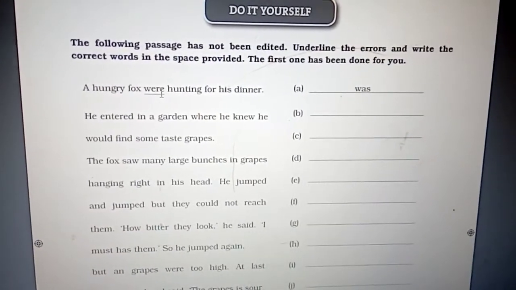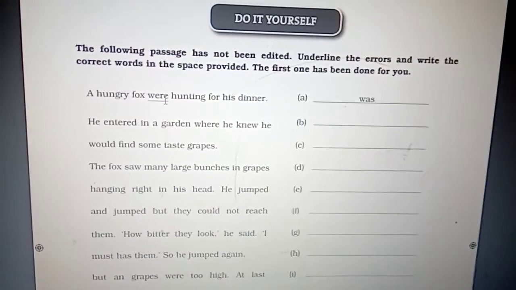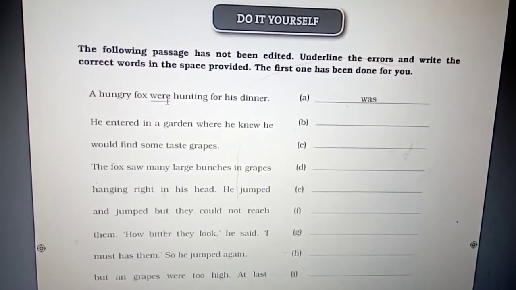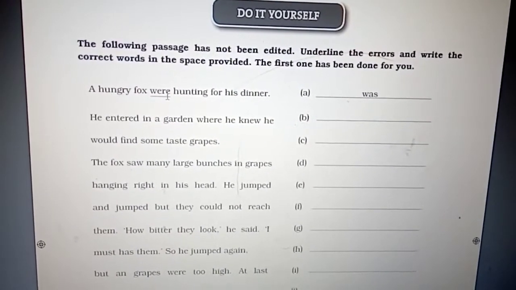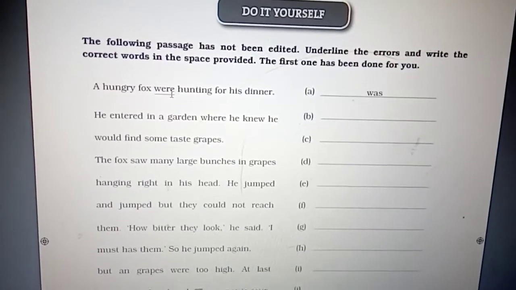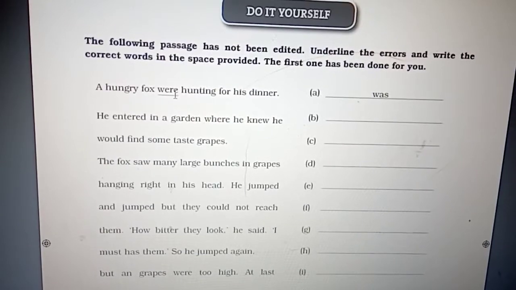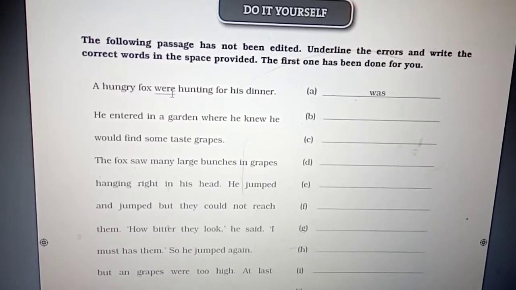So, in a hungry fox, the subject is singular, but the helping verb used with it is plural. That is why it is an error, and you have to correct it. Write was in the place of were. A hungry fox was hunting for his dinner.